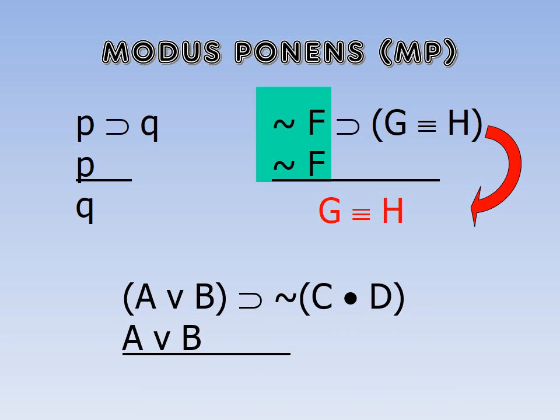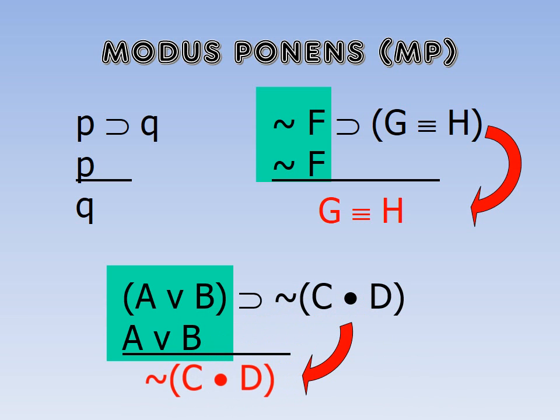And it doesn't matter how complex the argument is either. Notice once again, I have a horseshoe claim, an implication claim as my first premise, and I have something that affirms the antecedent thereof. Again, you have to remember, take the entire consequent of that conditional and move it straight down into your conclusion section.